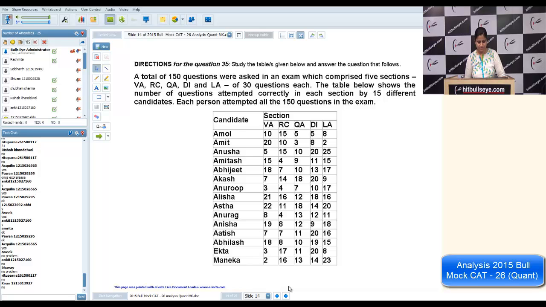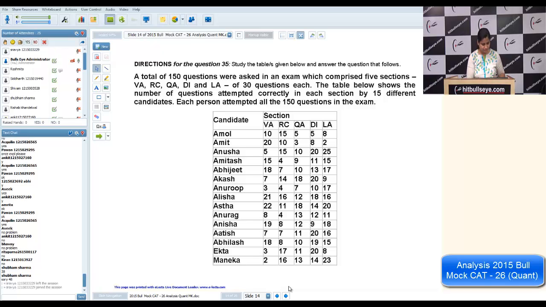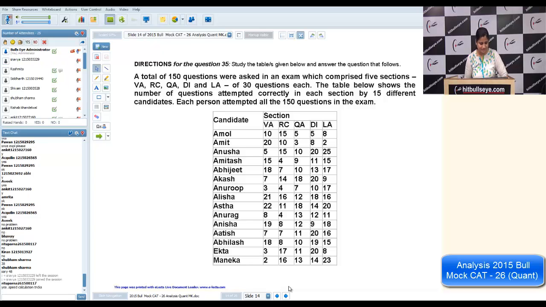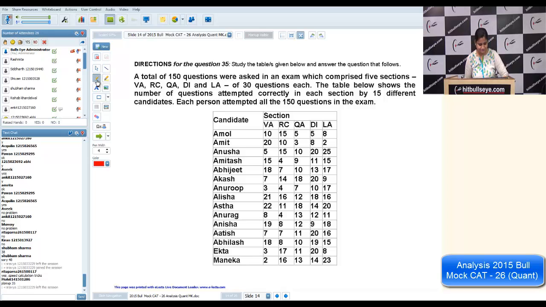Any problem in this question? I'll come to that, Shubha. First of all, any problem in this set? Yes, Mohit and Rituparna. Let us see.